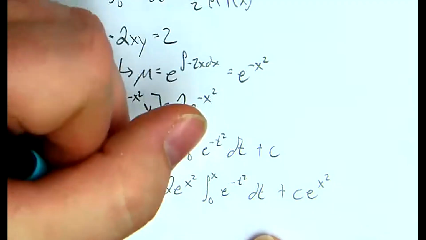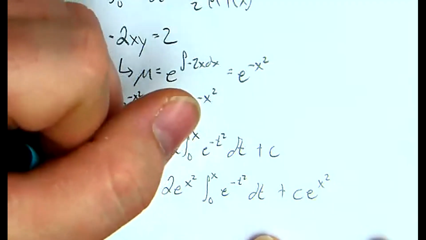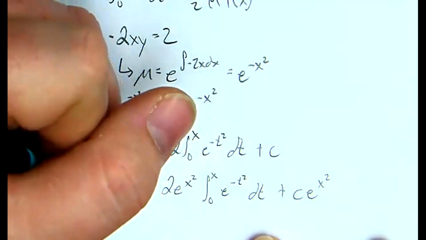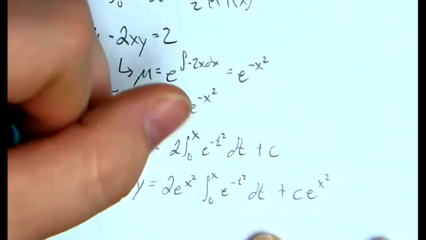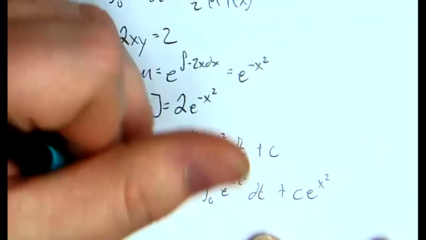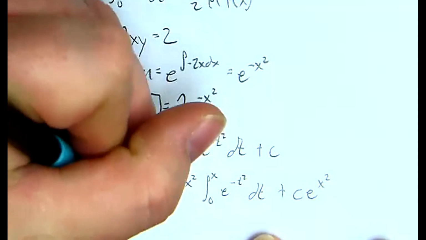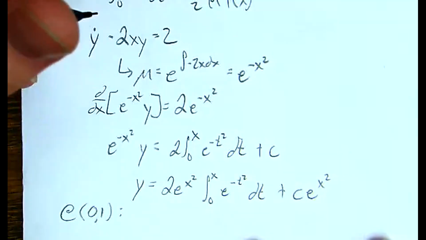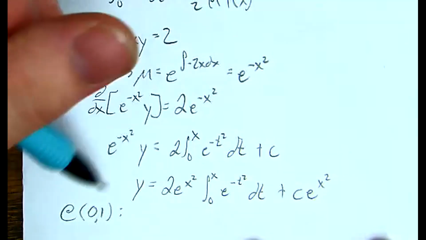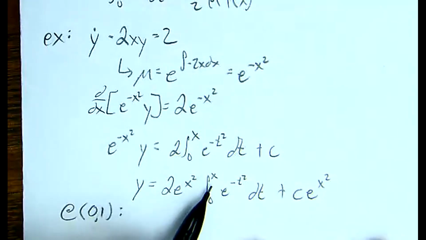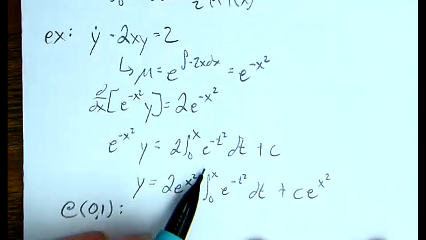And so if I wanted to estimate, let's say we're given the point when x is 0, y is 1. When x is 0, y is 1. Well, if x is 0, this is the integral from 0 to 0.